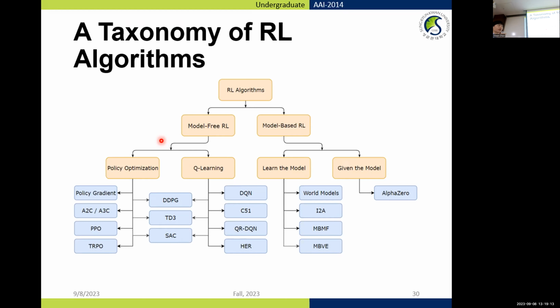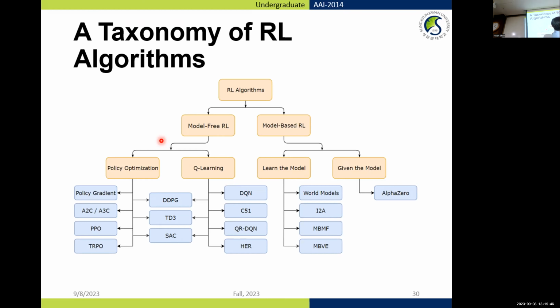ChatGPT uses this PPO optimization method to optimize its policy. But PPO seems to require a huge amount of labeled data, and that's why they need human intervention to label the data. This is for model-free RL.